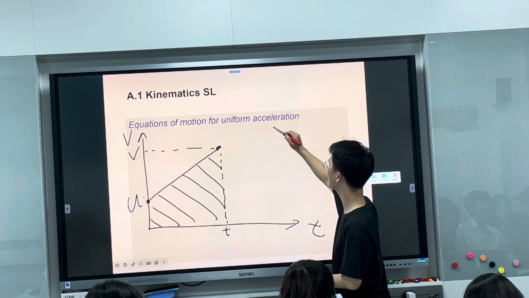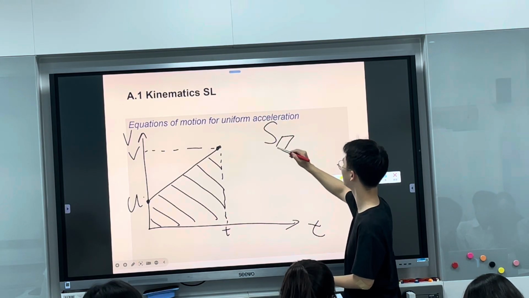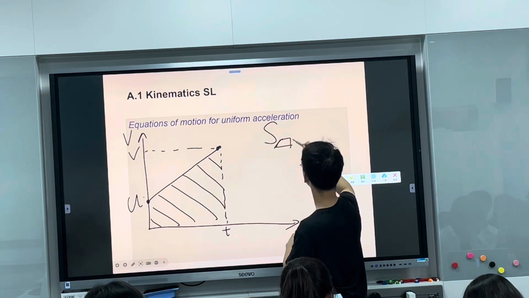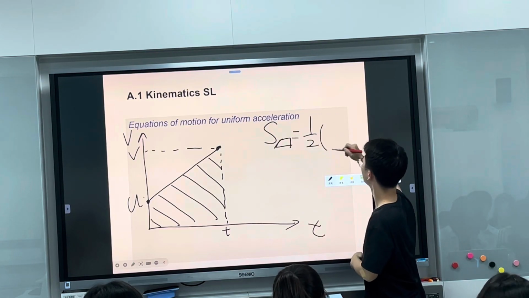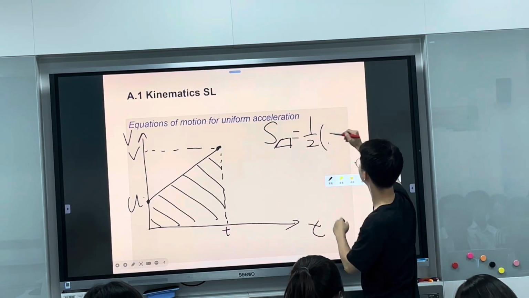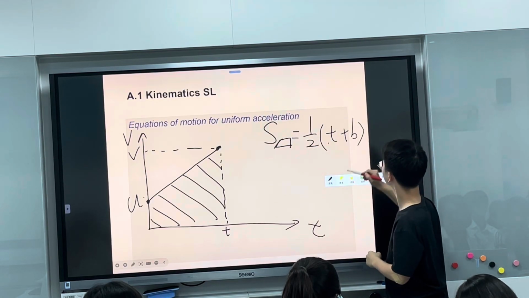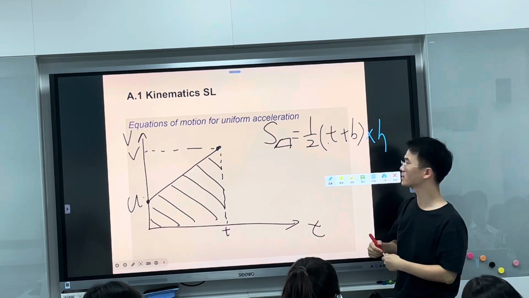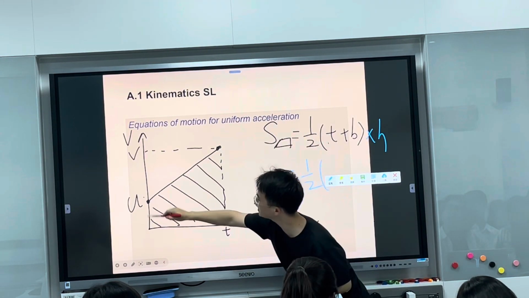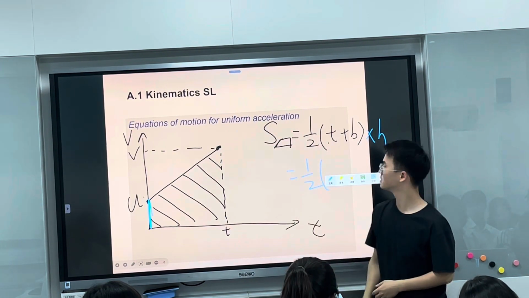Right. Area of a trapezoid equals the sum of top plus bottom, times height, divided by two, right? So what is top? Top is here, which is u.